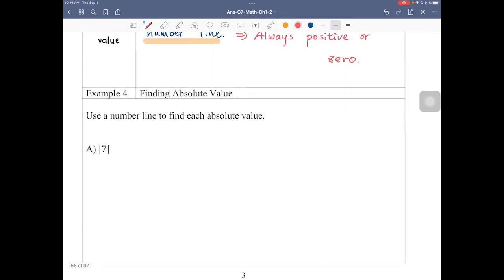To find the absolute value, first we use a number line. Say the distance to 0 is 7. I list 7 on my number line: 1, 2, 3, 4, 5, 6, 7.